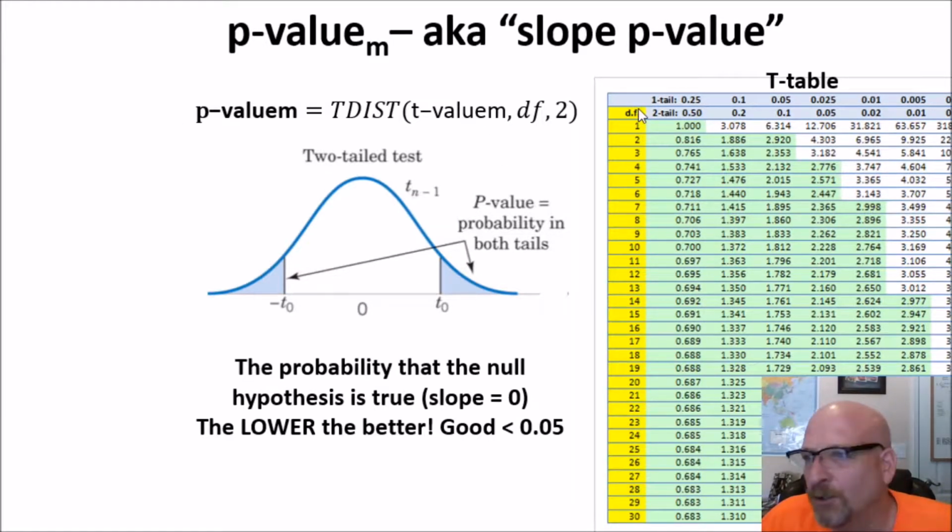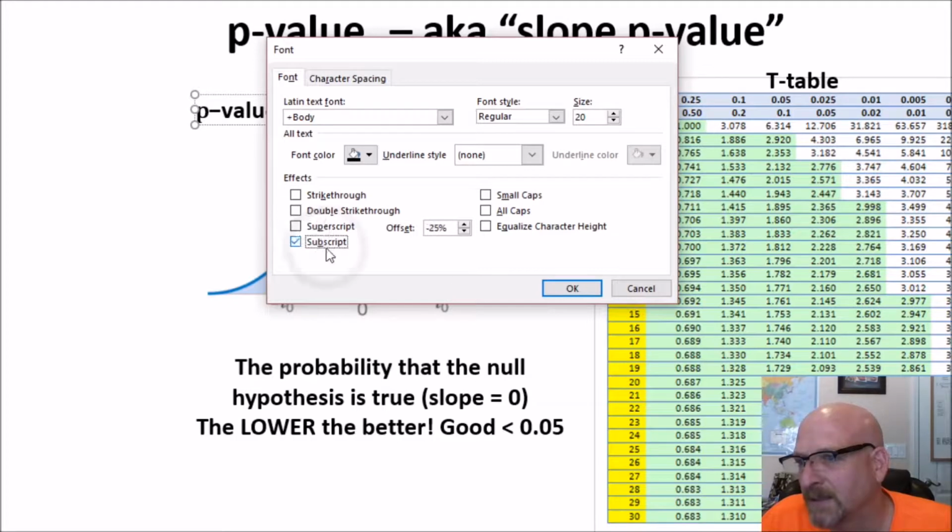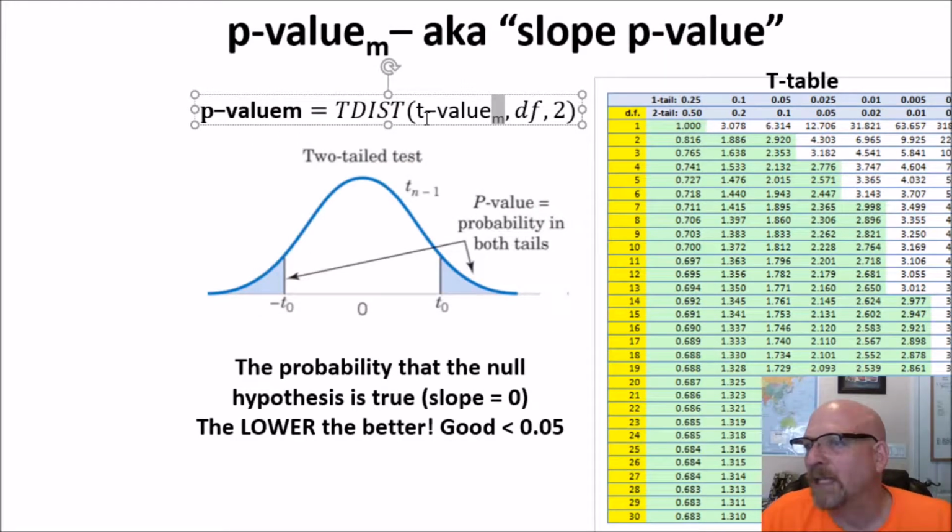We take that t-value m, and let me subscript that, just to make it more accurate. We're going to take that t-value m, and also put in the degrees of freedom, and do a two-tailed t-table lookup.